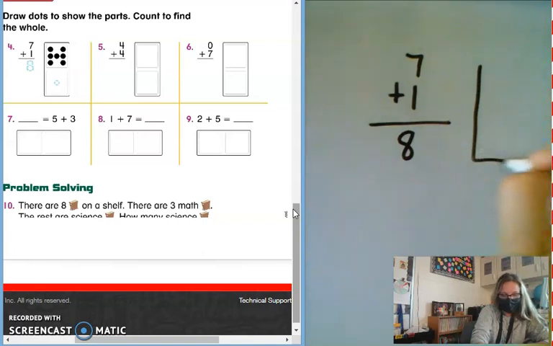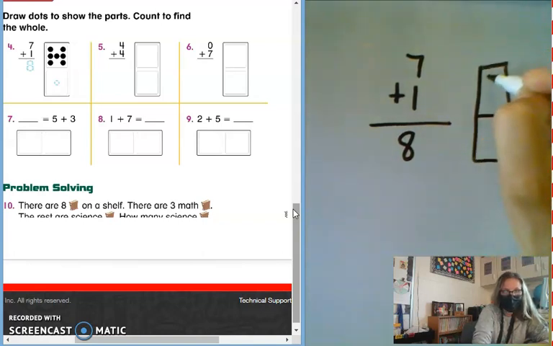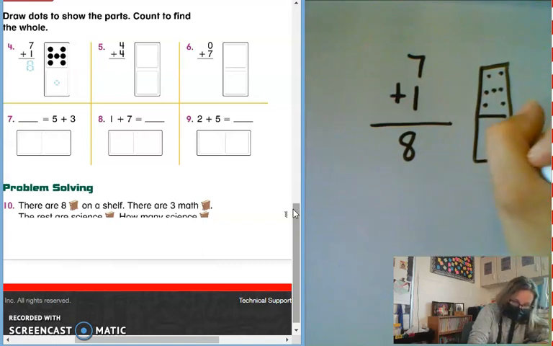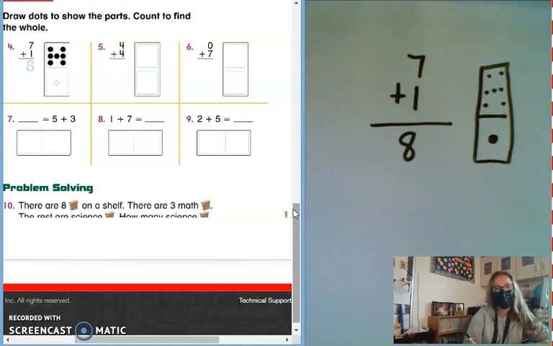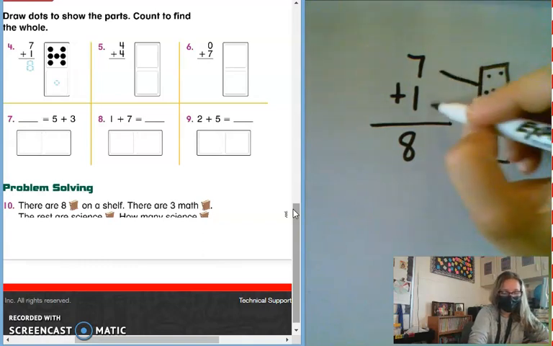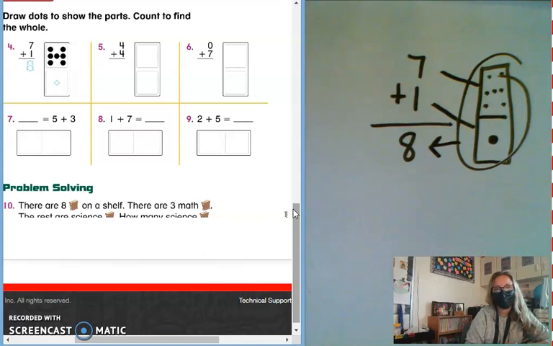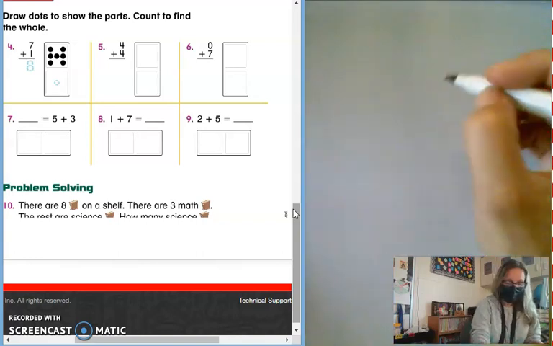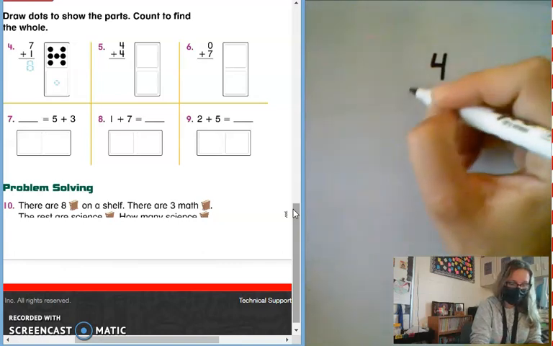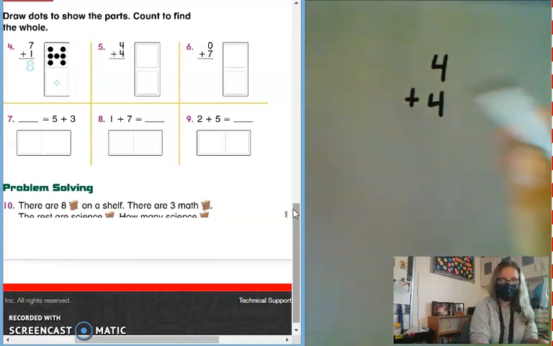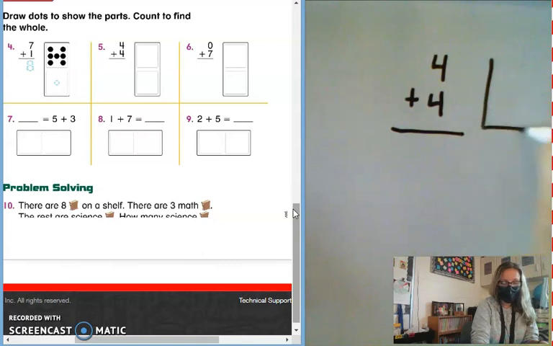And then they have their domino there where it had 1, 2, 3, 4, 5, 6, 7 dots. And then they drew in 1 to show 7 plus 1 equals all together 8. Okay? So let's look at number 5. It has 4 plus 4, and then we have our empty domino.